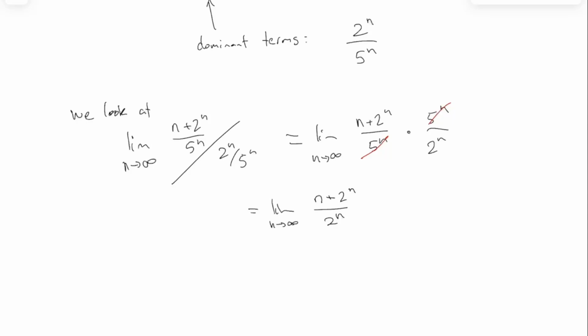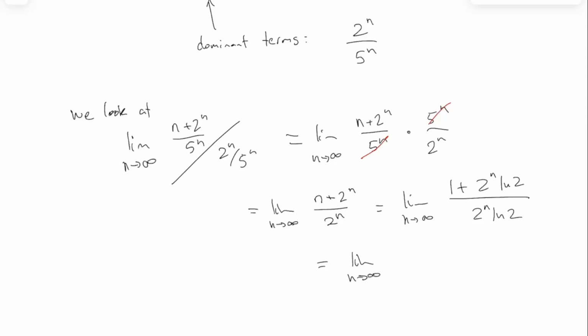If you just look at this limit directly, I see infinity over infinity. So doing L'Hopital's rule, I get 1 plus 2 to the n ln 2. That's the derivative of the top and the bottom. The derivative of the bottom is 2 to the n ln 2. Again, this still looks like infinity over infinity, so I do L'Hopital's rule again, and this will really be the end of it.